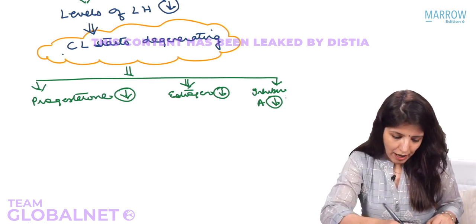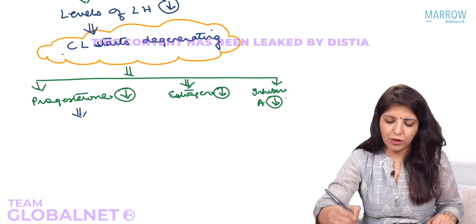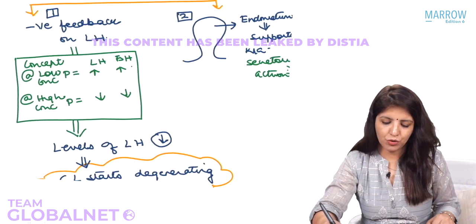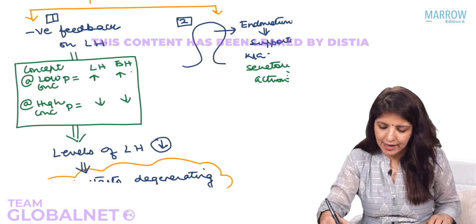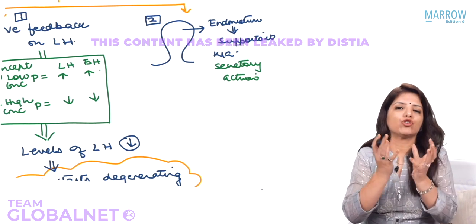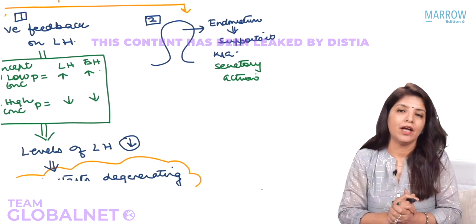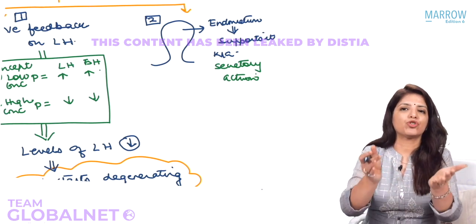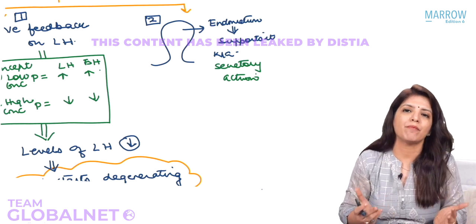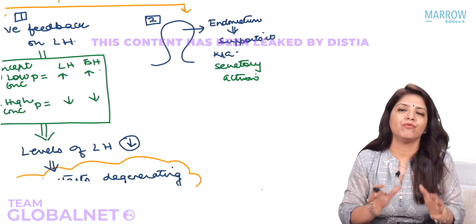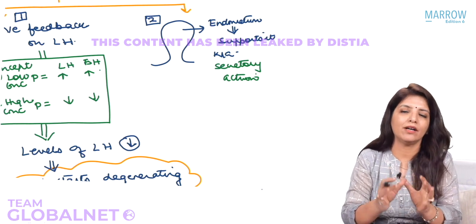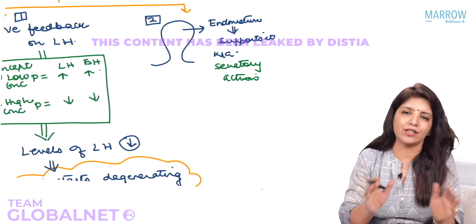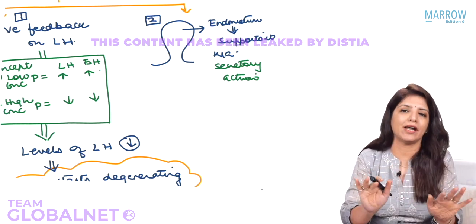Now, I told you that progesterone was acting as a cement and it was holding the endometrium. Now, when the levels of progesterone decrease, what happens? This endometrium, which the progesterone was holding, it sheds, because there will be no cement-like material now.